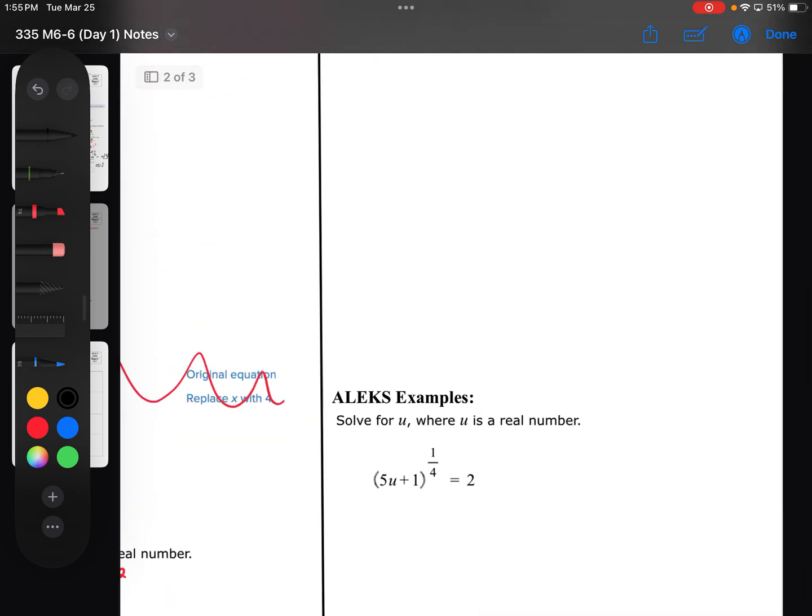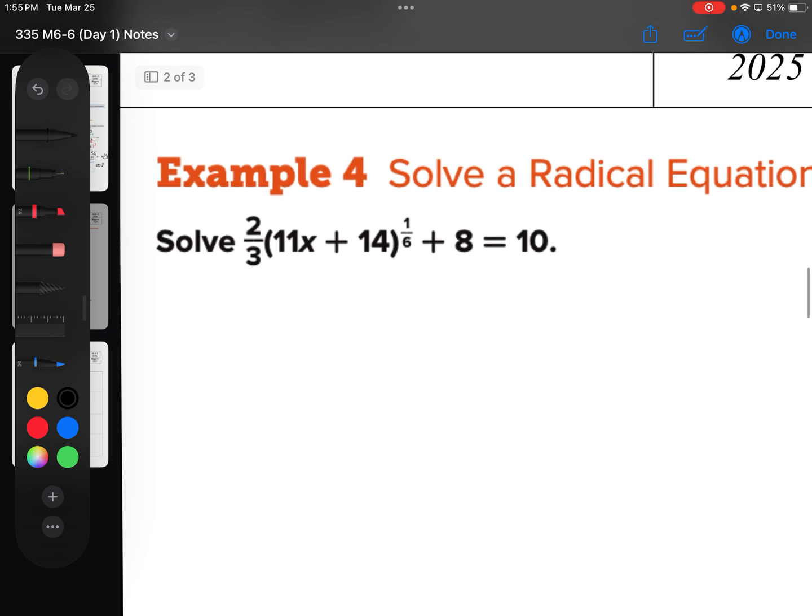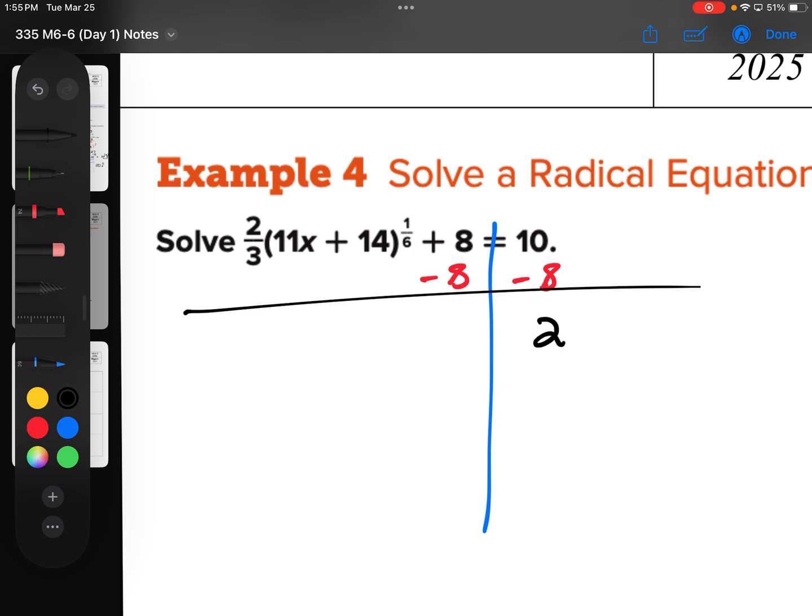All right, we're going to hop over here and do this one. 1/6 power. It's the same concept, okay? First things first, you've got to isolate your radical. So minus 8 to both sides. 10 minus 8 is going to give you a 2. And then you got 2/3 times this mess right here.